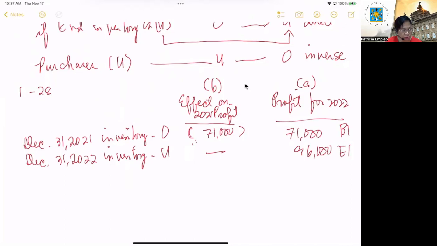2022. But for the goods that are sold FOB destination, they could not be considered as sales yet until they reach the customer's destination.